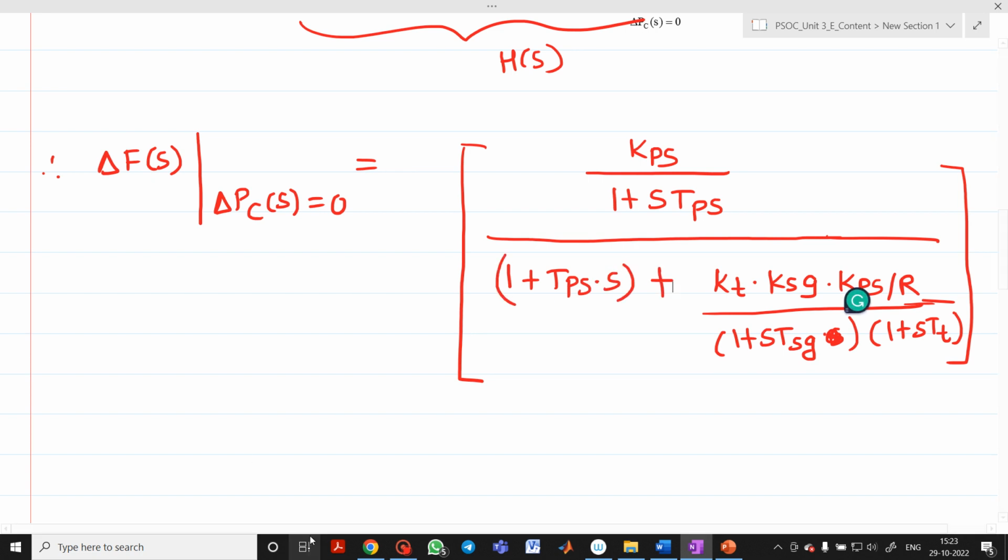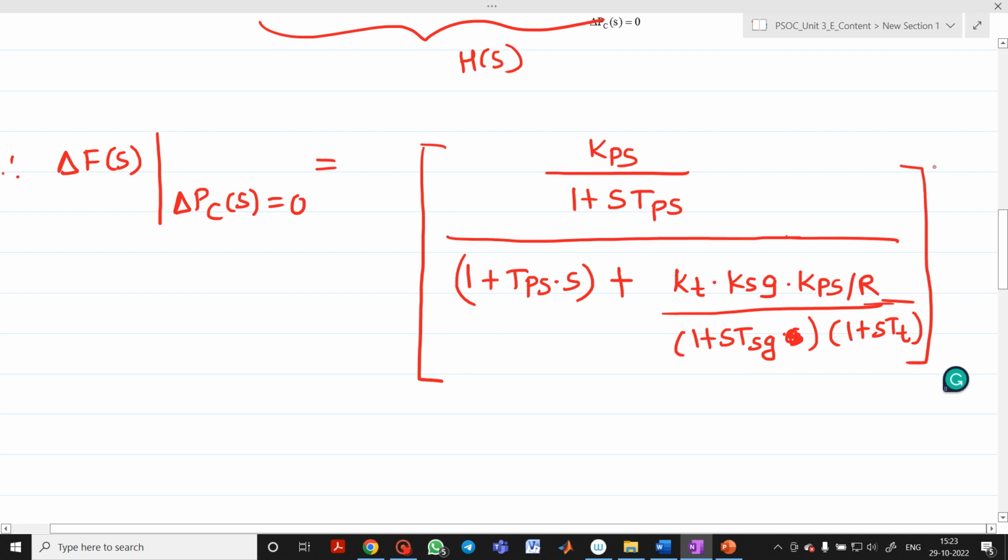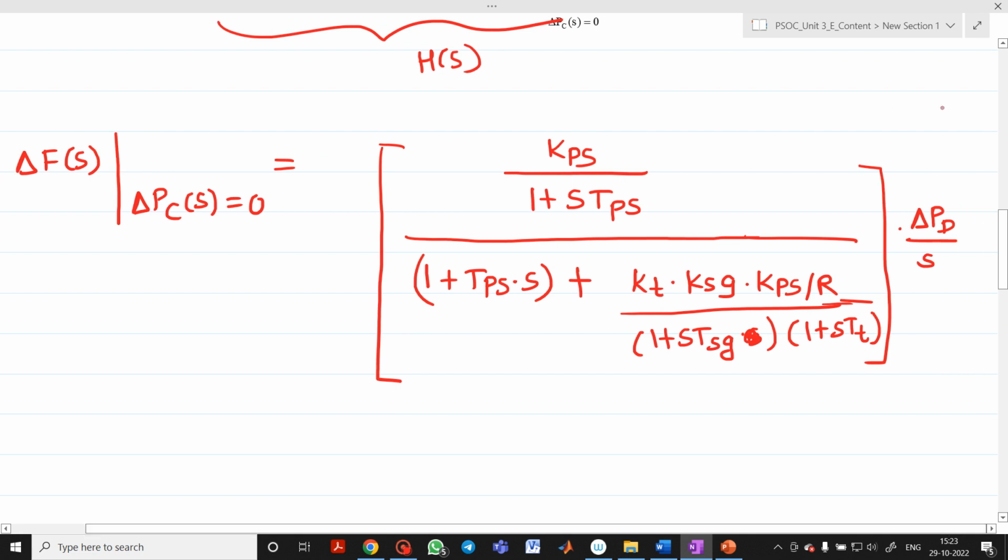And if you see, what is your input? Input will be equal to delta Pd upon s. Already we have seen this. Delta Pd, or you can say this is delta Pd of s upon s. Treat this as equation number 1. I think you all have understood why we have taken it like this, and here the minus sign will be as it is.